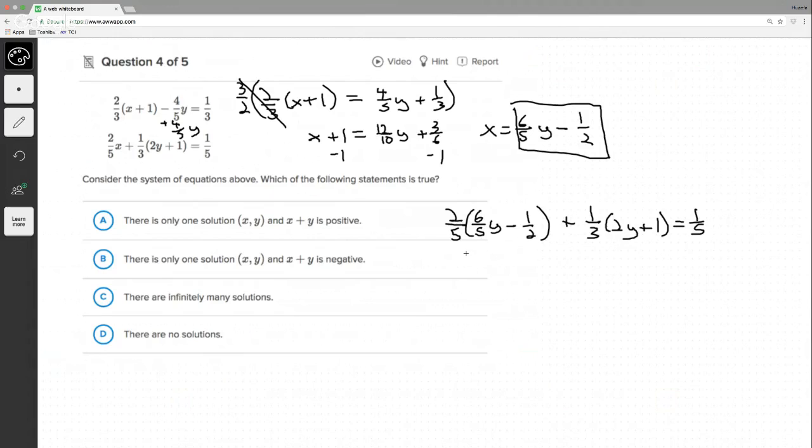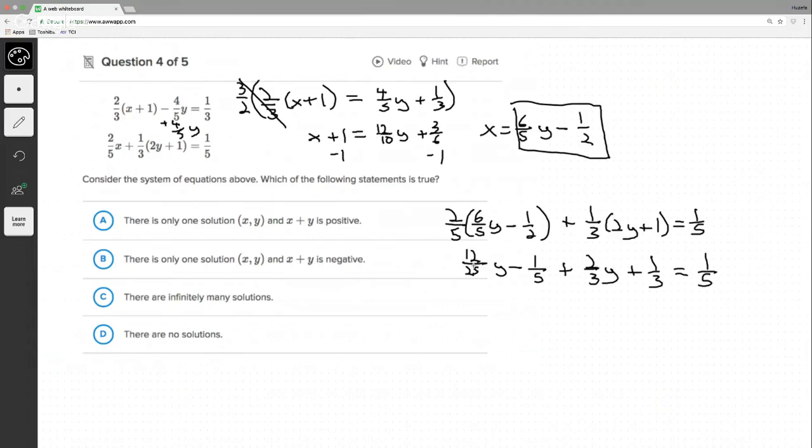This is a little crazy, but it's doable. 12/25 y minus, this will be 2/10, so I'm going to say 1/5, plus 2/3 y plus 1/3 equals 1/5. Now let's combine like terms.